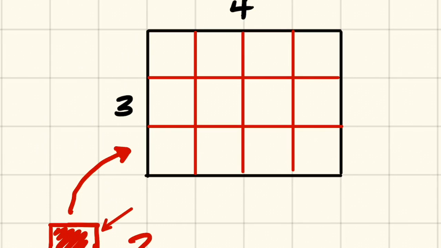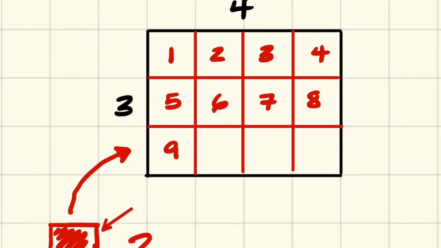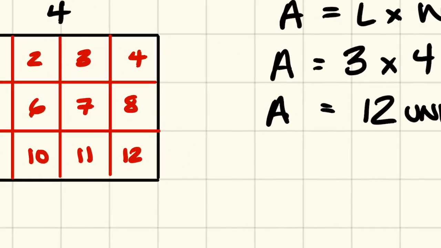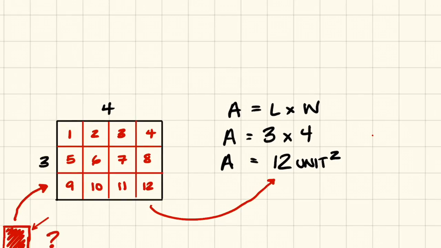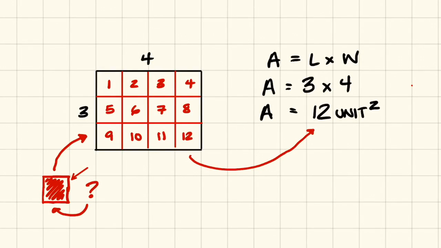Okay? Now count them with me. Ready? 1, 2, 3, 4, 5, 6, 7, 8, 9, 10, 11, 12, which is here. And that's what we're talking about there when we talk about area.